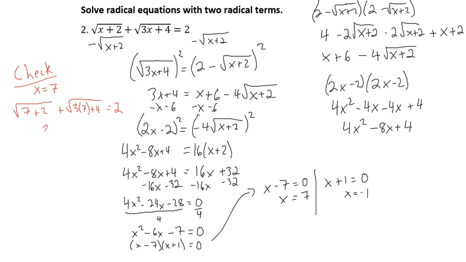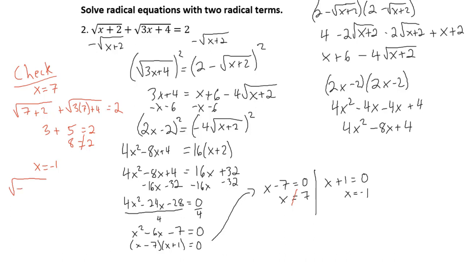Square root of 9 is 3. Plus 3 times 7 is 21. Plus 4 gives you 25. Square root is 5. And 3 plus 5 is 8, which equals 2? 8 does not equal 2. So not a solution. Let's check negative 1.